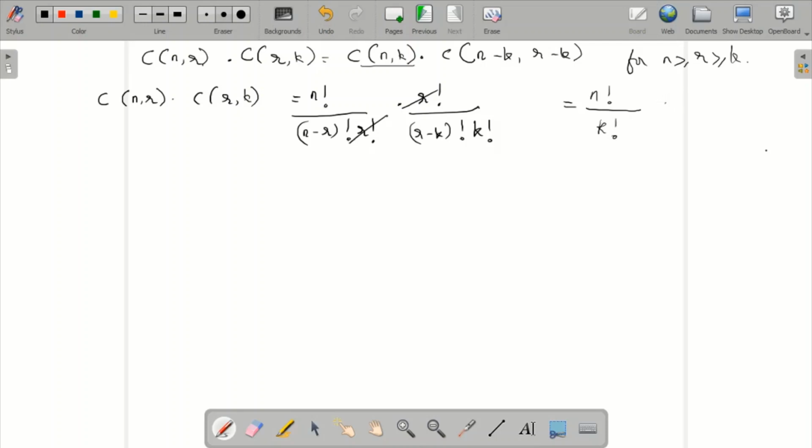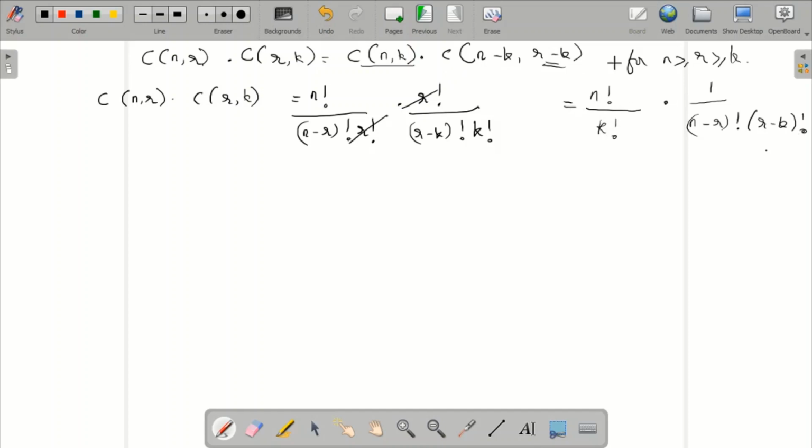Let me write k over here, and here I don't have anything, let it be 1, and divided by n minus r factorial into r minus k factorial. Why did I write r minus k factorial? Because of the second term. Now you see what is missing to form nCk, that is n factorial divided by k factorial into n minus k whole factorial.